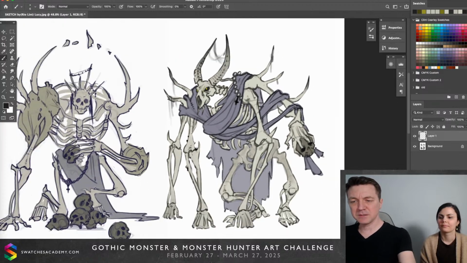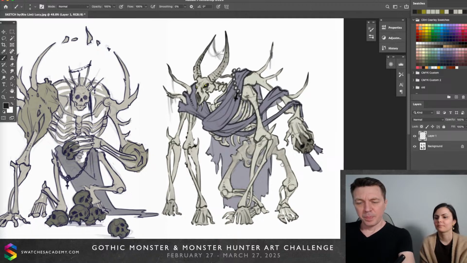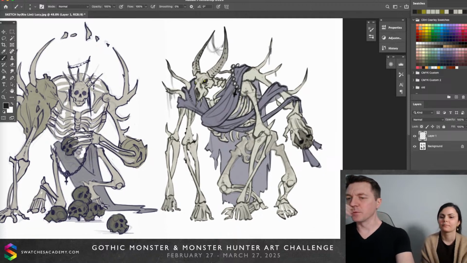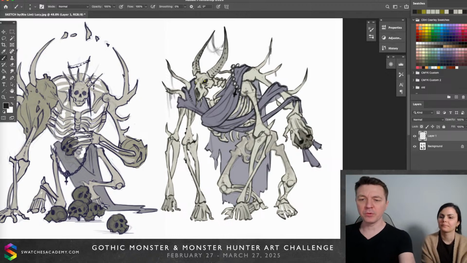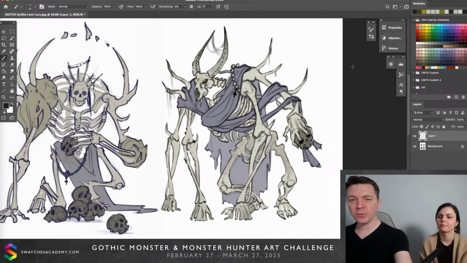Okay. Anything else here? Consider what kind of dirt, decay sort of thing you could add to it. Consider the idea of still having some flesh connecting parts of it.